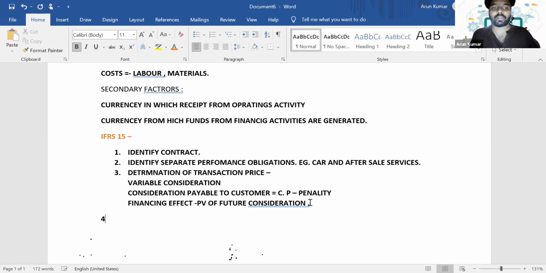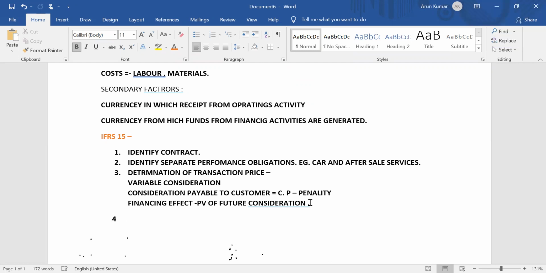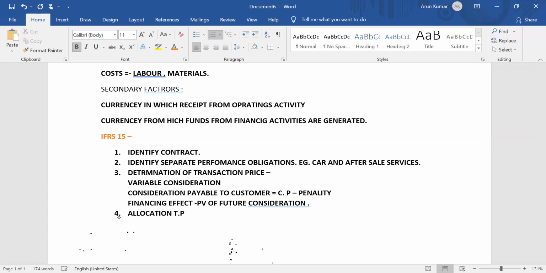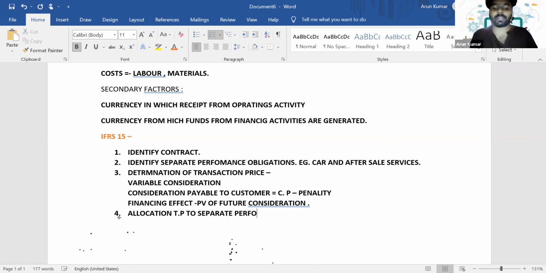And the next one: once we determine the transaction price, the next step is the allocation of the transaction price to separate performance obligations. So let's say in our situation, we have two performance obligations, that is the car and the after sales service.